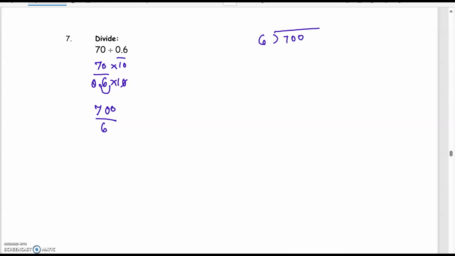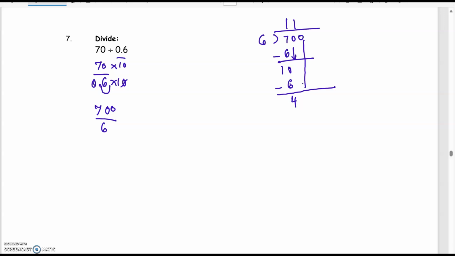So we take the 700 and divide by 6. Step by step. The first digit, 6 times 1 is 6. Bring the 0 down. 6 times 1 is 6. 10 minus 6 is 4.